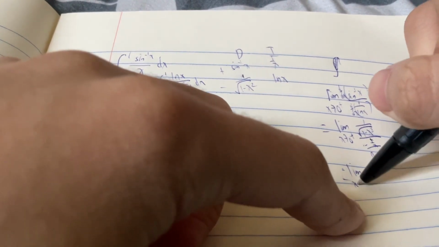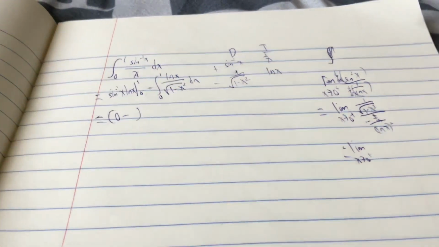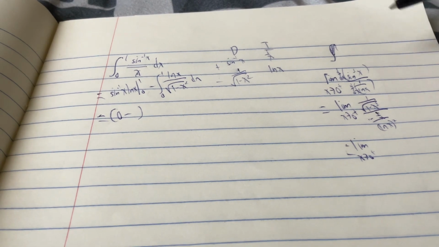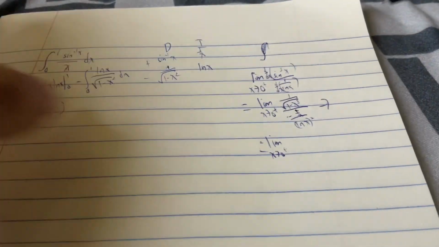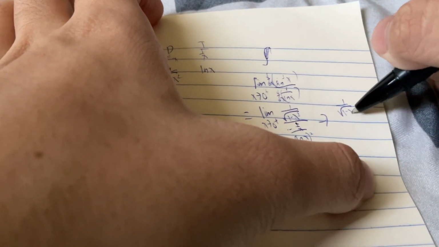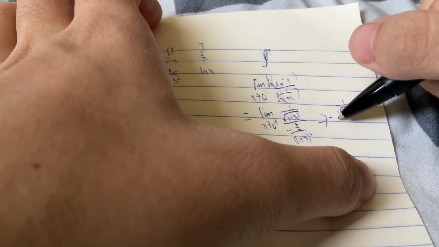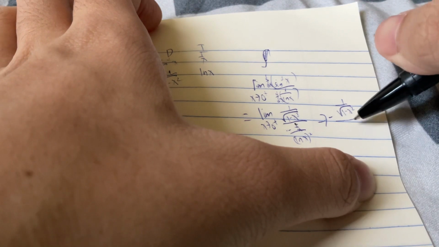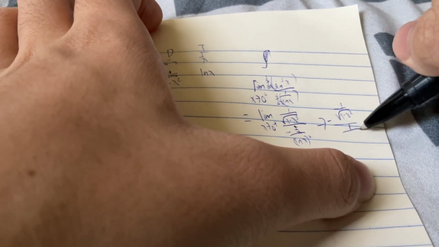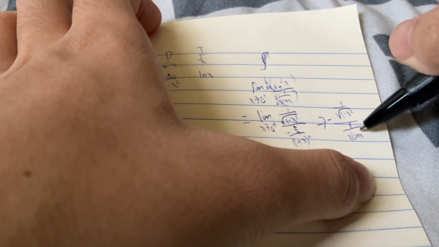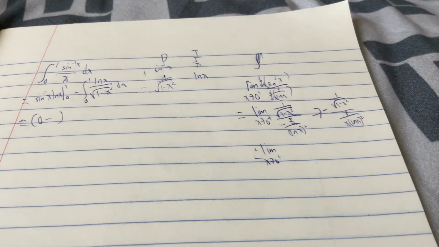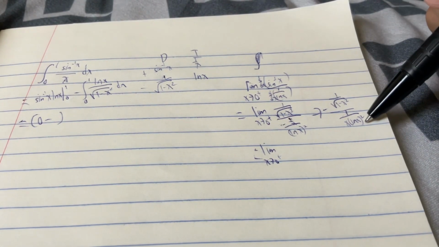So overall this is equal to 1 over square root of 1 minus x squared, then put a negative and subtract 1 over x times ln x squared.